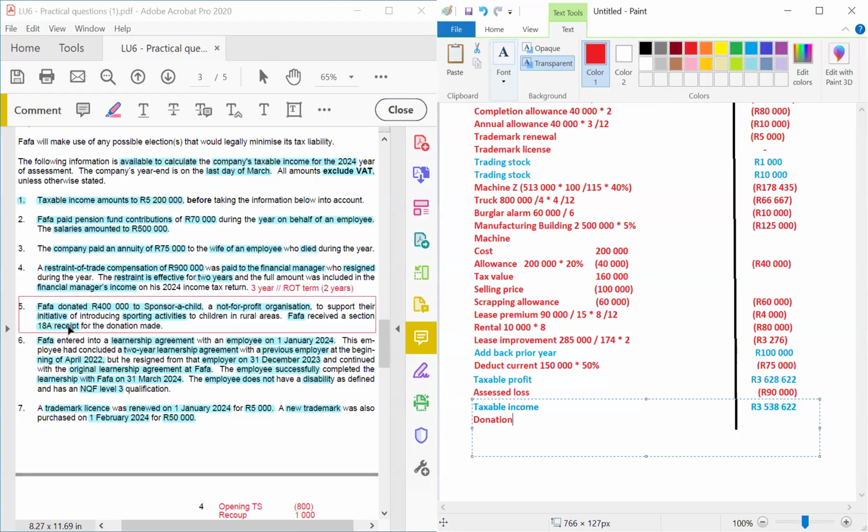So this is the receipt. What you will do is deduct the lower of 10% of this taxable income, or the actual donation. The actual donation is 400,000.